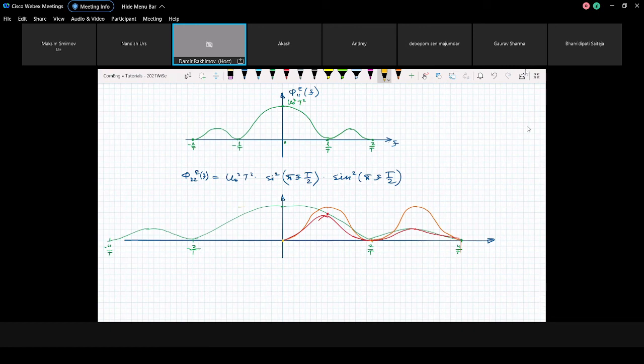We have this first, and we have a dot after we multiply, something like this.